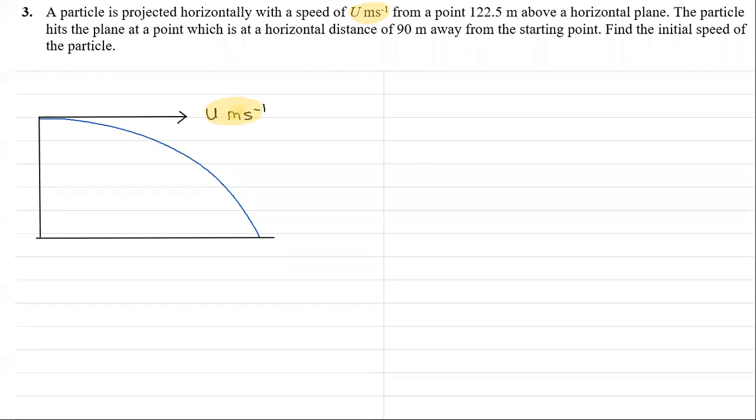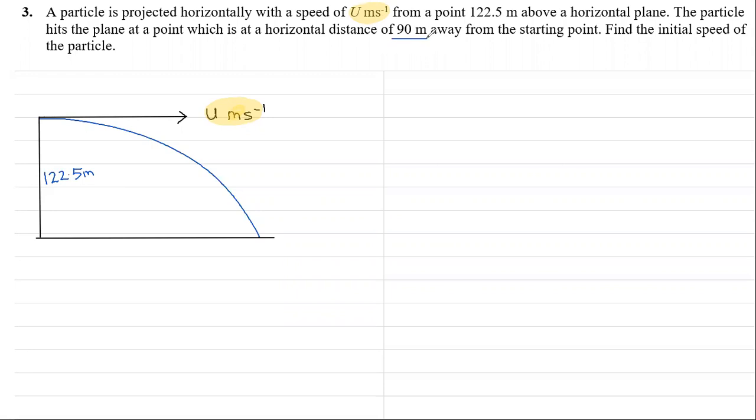So if we just label this distance here, 122.5 meters, I should have said, above the horizontal plane, that's that distance there. The horizontal plane is the line parallel to the horizontal projection at the bottom. And the particle hits the plane at a point which is a horizontal distance of 90 meters away from the starting point.